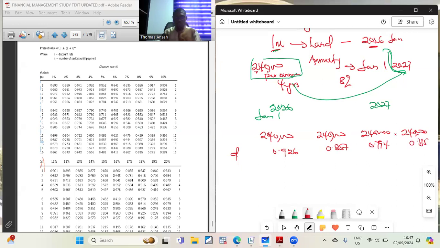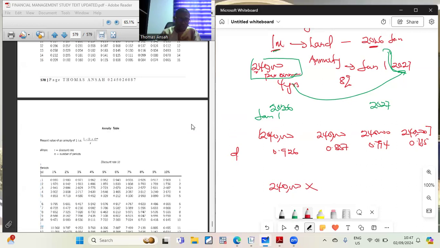So you can do that, but like I always say, if this figure is already the same, we can as well do 240,000 multiplied by the annuity factor of 8% for 4 years.